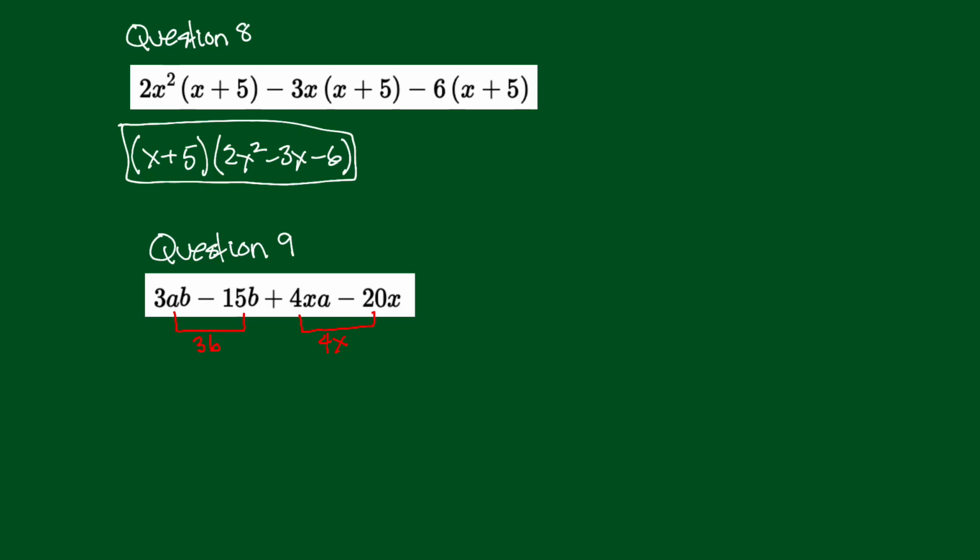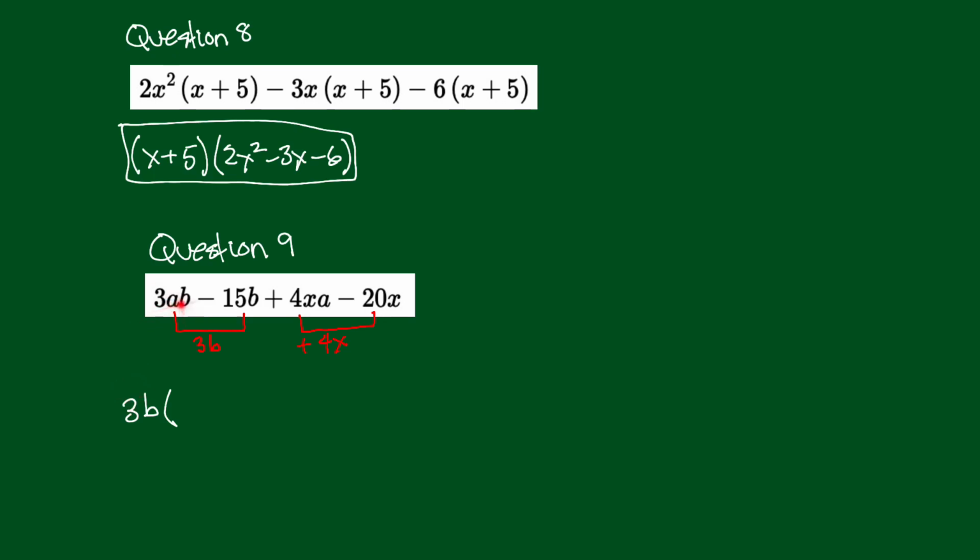Now, here's what I do. Look at the second group. Take out that sign, so use that sign right here. In the second group, that sign in the first term is what I'm going to use. So I'm going to use a plus 4x. Out of the first group, take a 3b. Now, just in the first group, if you take out a 3b, what's left? There was a 3, we removed it.